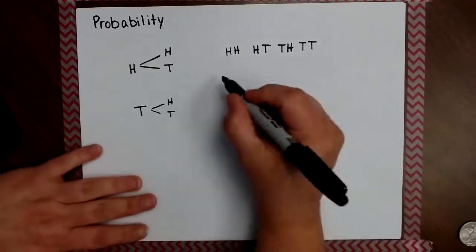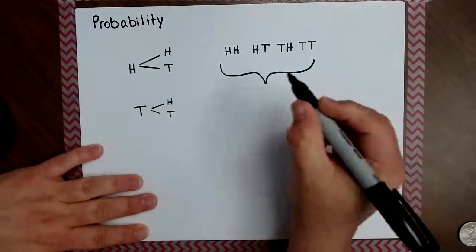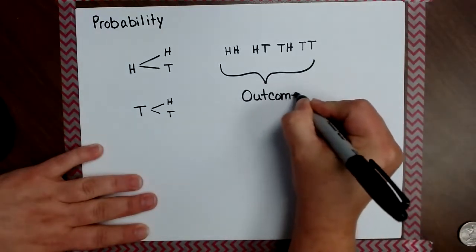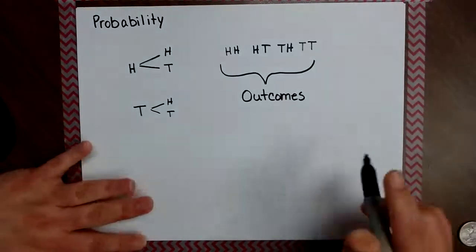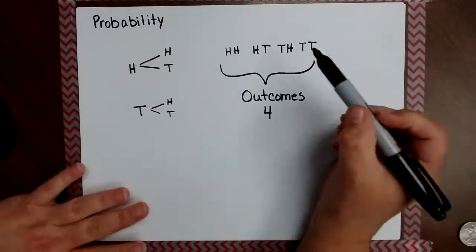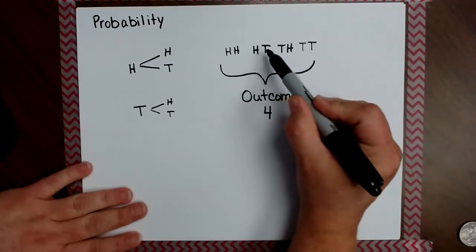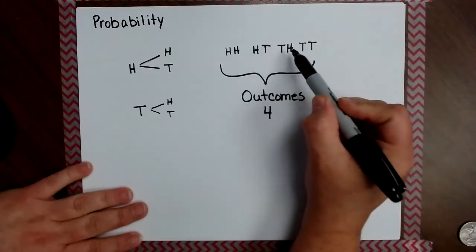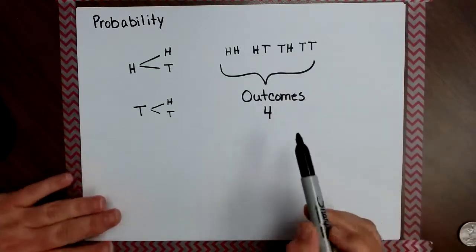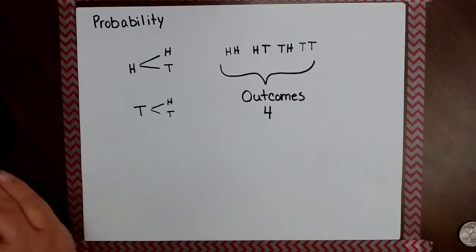Now, what this means is these are our possible outcomes. And how many of them are there? There are 4. We got 4 different outcomes. Yes, these look the same, but this is heads, then tails. This is tails, then heads. These are 2 different outcomes. So we have the possibility of having 4 outcomes.